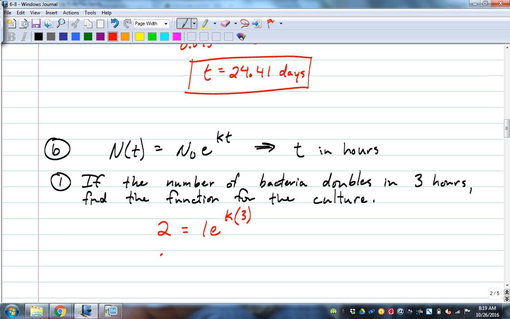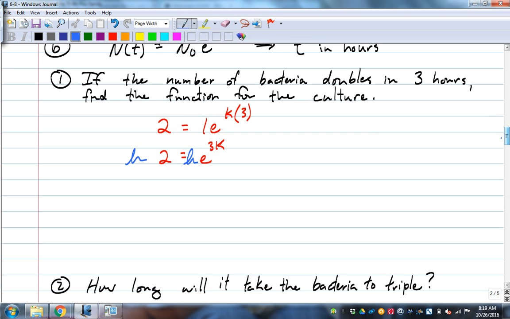Divide by 1: 2 equals e to the 3k. Then what? Natural log of each side. So k is natural log of 2 divided by 3.